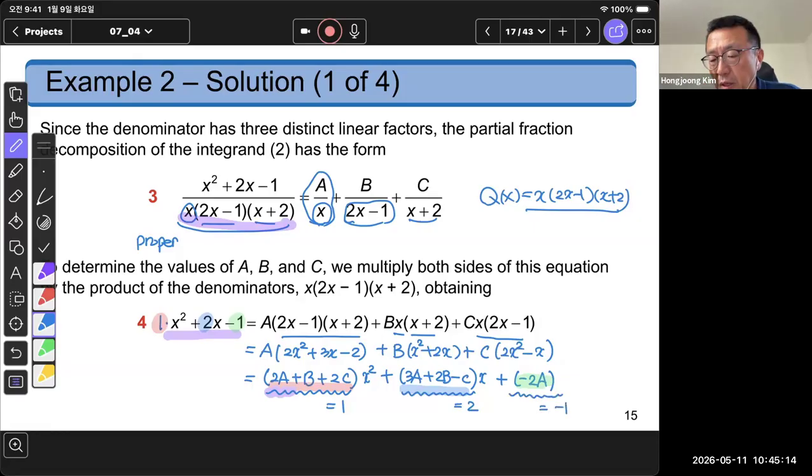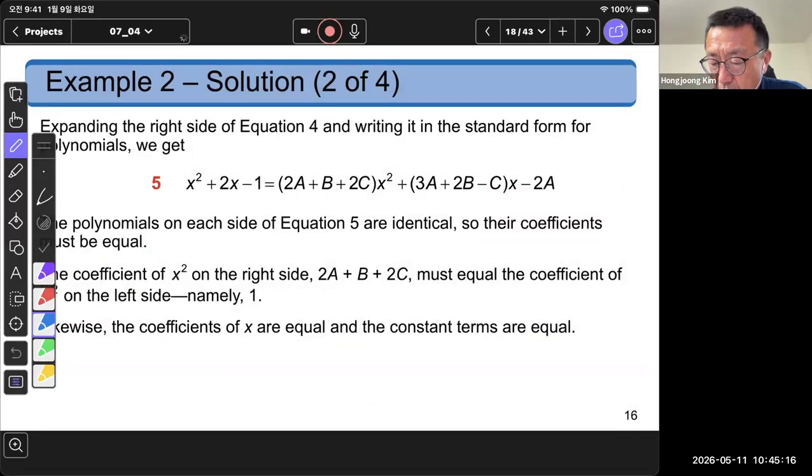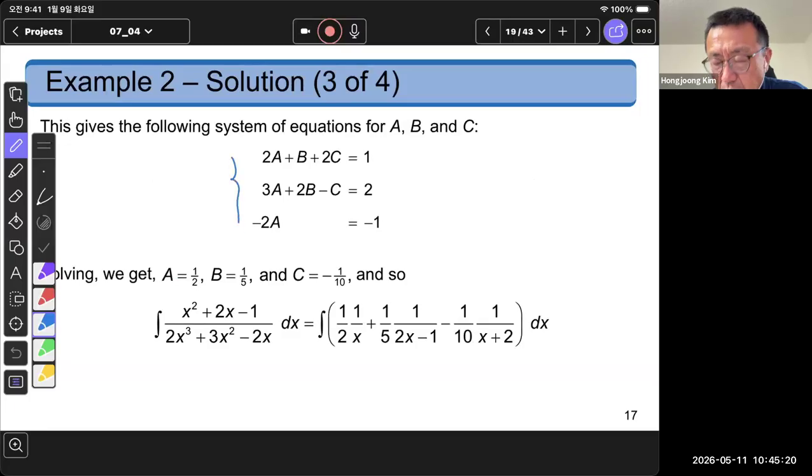So we have these three equations for three unknowns.